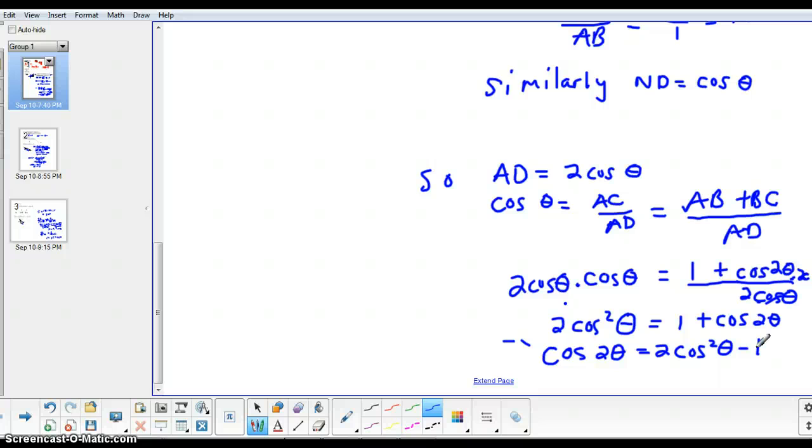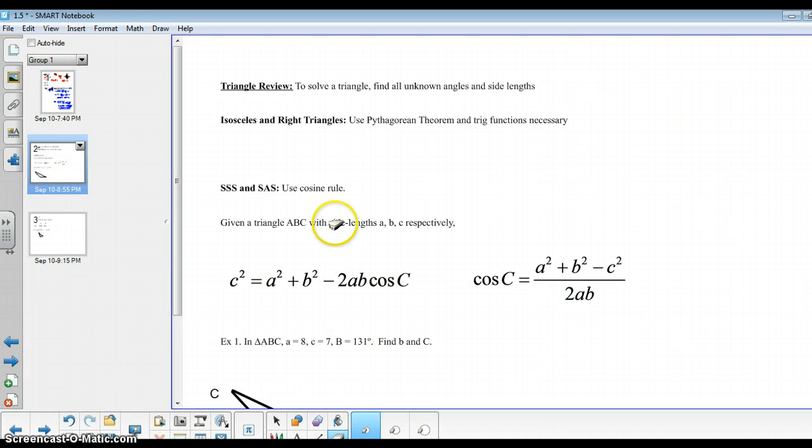We have 2 more things to go over about triangles. The last part of our triangle review is to go over the basics. Anytime you see a right triangle, go ahead and use the Pythagorean theorem that we've talked about a lot today: a squared plus b squared is equal to c squared.